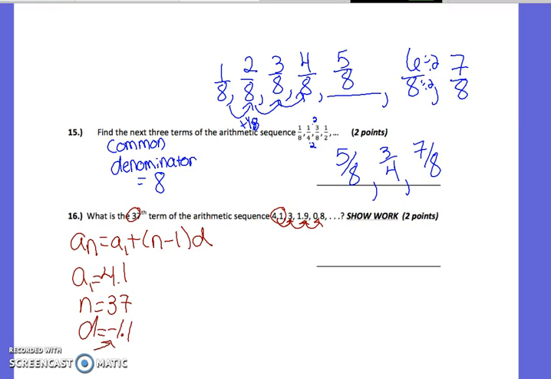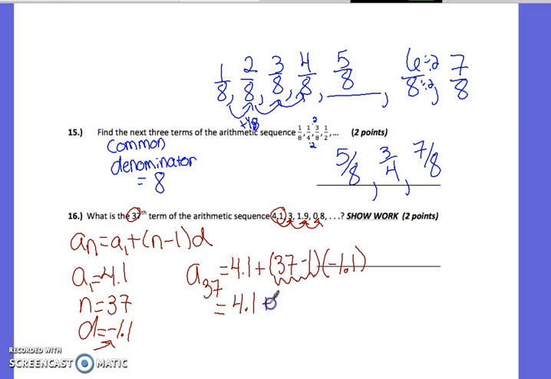So when I sub these numbers in, I have a sub 37 equals 4.1 plus 37 minus 1 times negative 1.1. 37 minus 1 is 36.